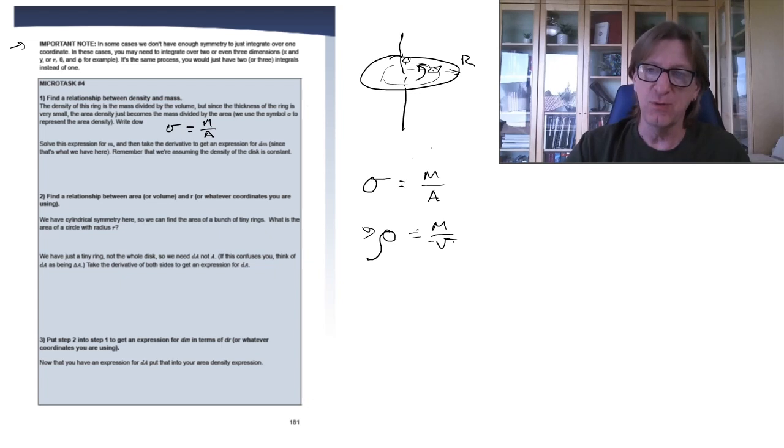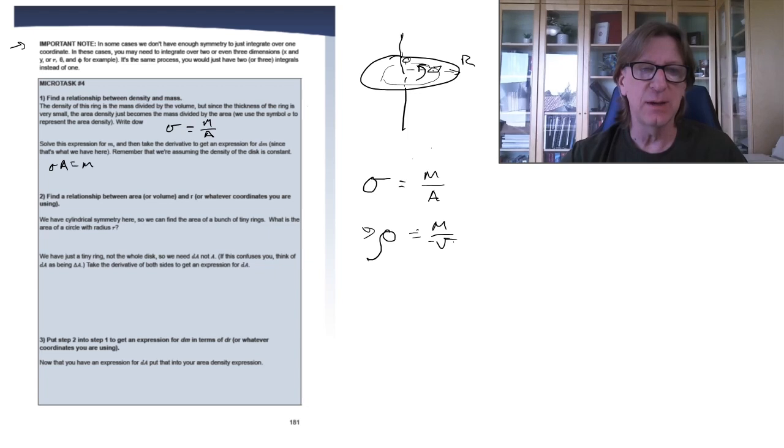So we're going to solve it for m, and then we're going to take the derivative. Let's do that in multiple steps. So I get sigma times A must equal m. Now I want to take the derivative of both sides, and I'm going to get d of sigma A, for now we'll leave this in here like this, is equal to dm.